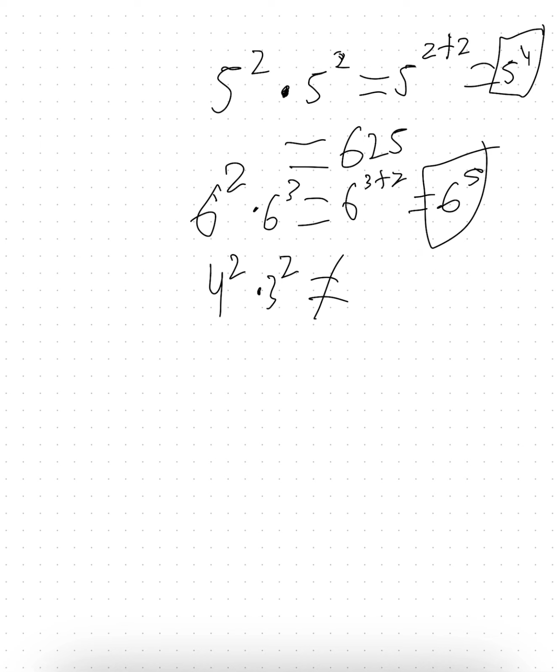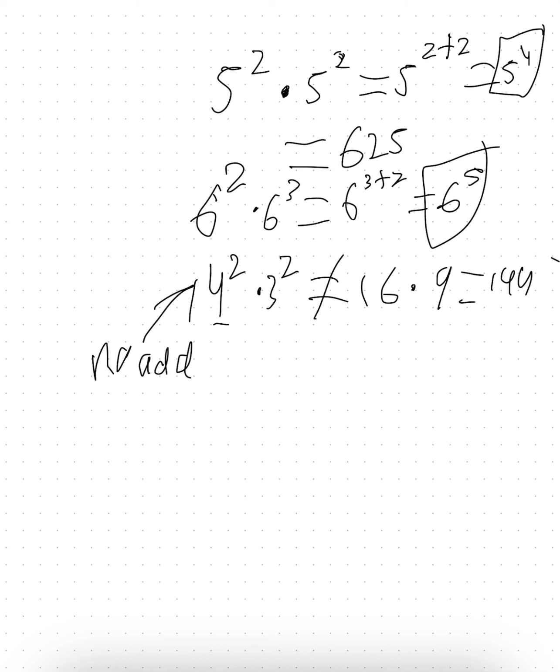So that would be equal to 16, which is 4 squared, times 9, 3 squared, that equals 144. Okay, but we can't add those exponents because they don't have the same base.